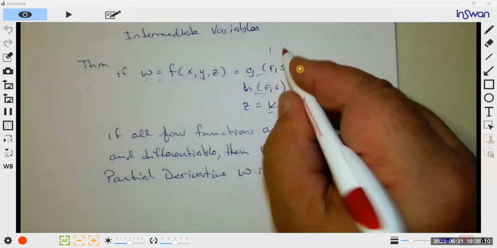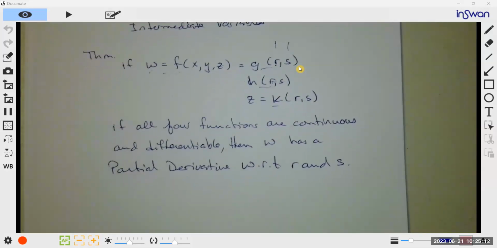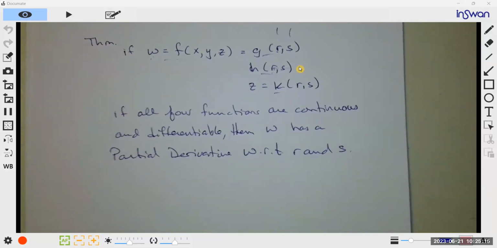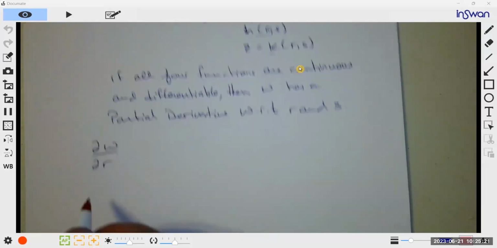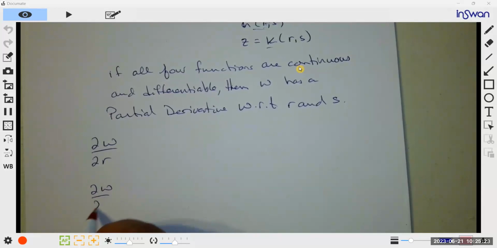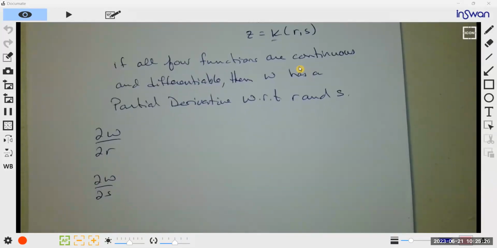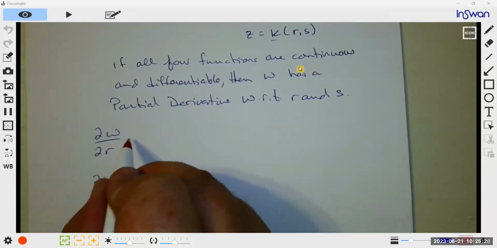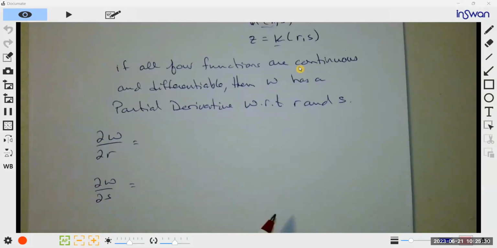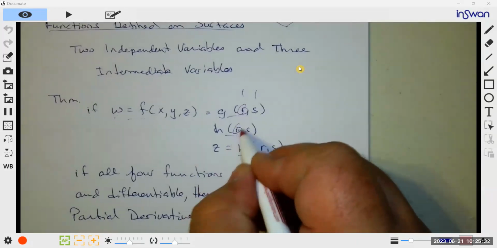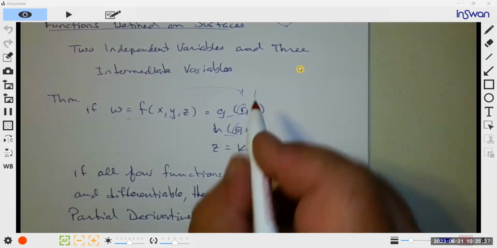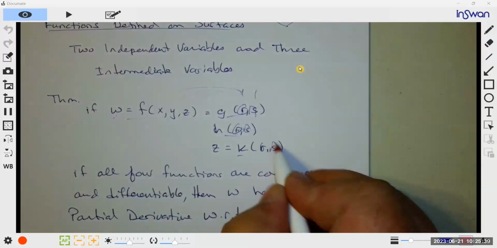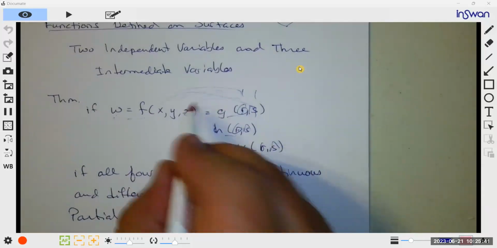Now, R and S are different dimensions. So when we do the partial derivative of W with respect to R, we can also do one with S. Each one of these has an R, and they all come from X, Y, and Z. They all have an S, and all those have X, Y, and Z.